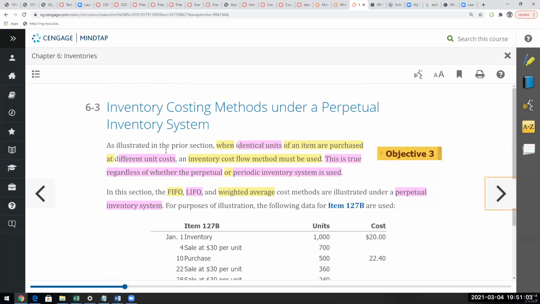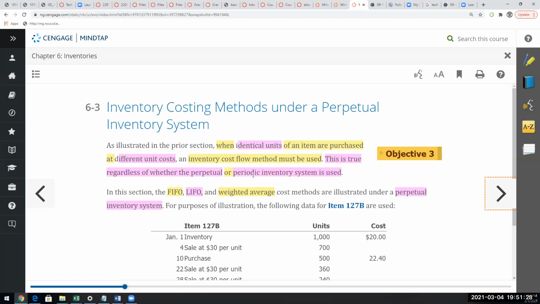All right, so what we're going to see right now, as illustrated earlier, is that when identical units of an item are purchased at different costs, an inventory cost flow method must be used. This is true regardless of whether you use perpetual or periodic. All right, now listen carefully. Today, we're doing perpetual FIFO, LIFO, and average cost.